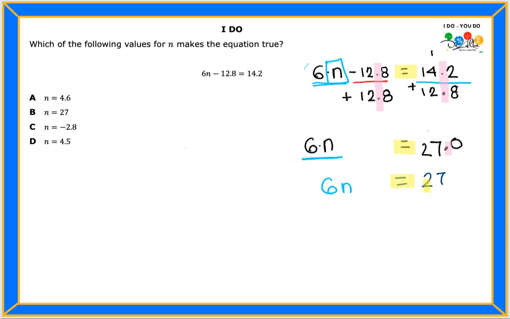Remember, what we have to do is like if we have to distribute all these 27s into 6 n's on the left side, and that is called dividing. So we divide by 6 on the left side, and we divide by 6 on the right side. This is like saying, okay, I'm going to split the 27 into 6 n's to see how much each n will get.